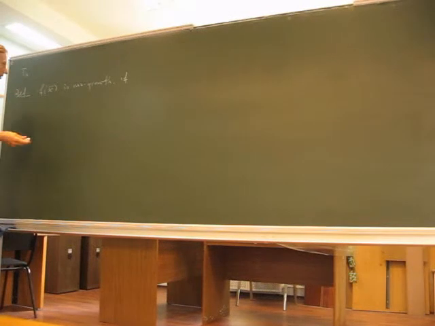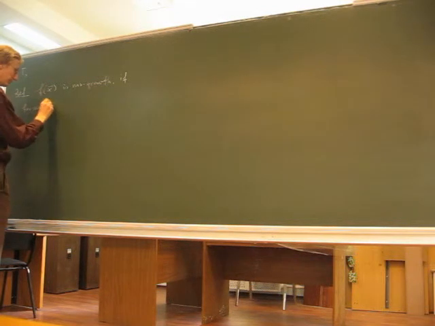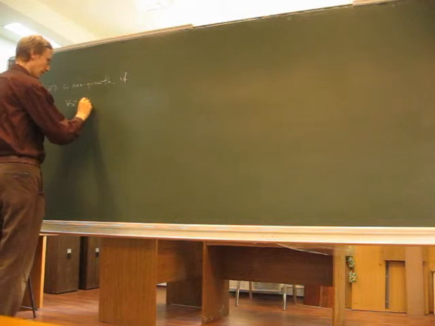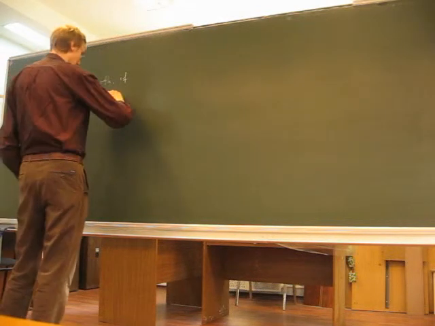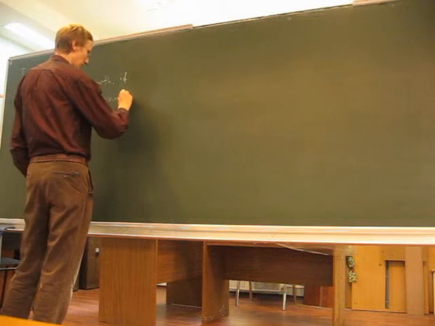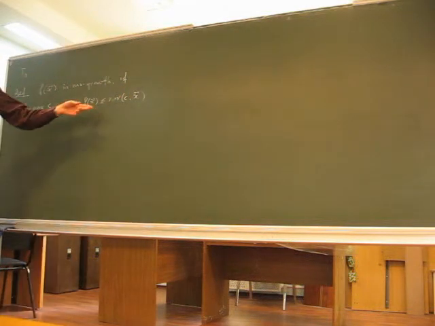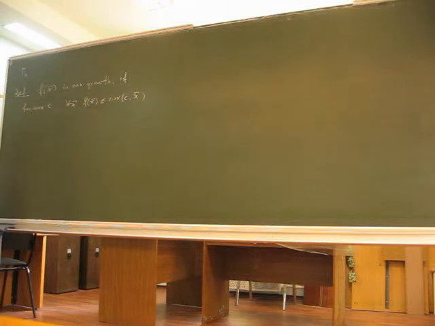If it satisfies the following inequality, so to say, if for some constant c, for all x, f of x is smaller than maximum c and x, to mean the maximum of all the input values of that function.